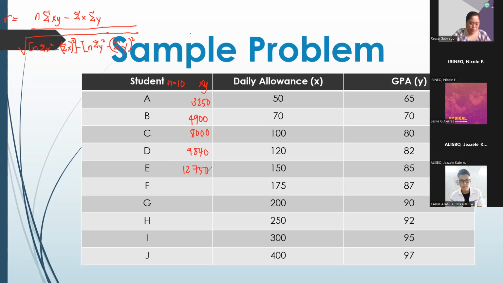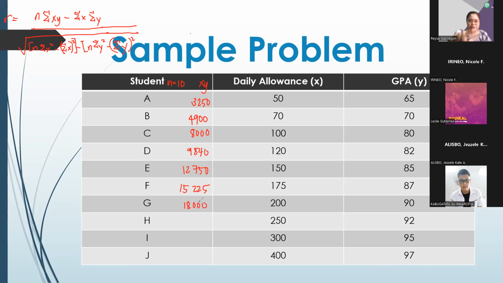12,750. 175 times 87 is 15,225. And then 200 times 90 is 18,000.